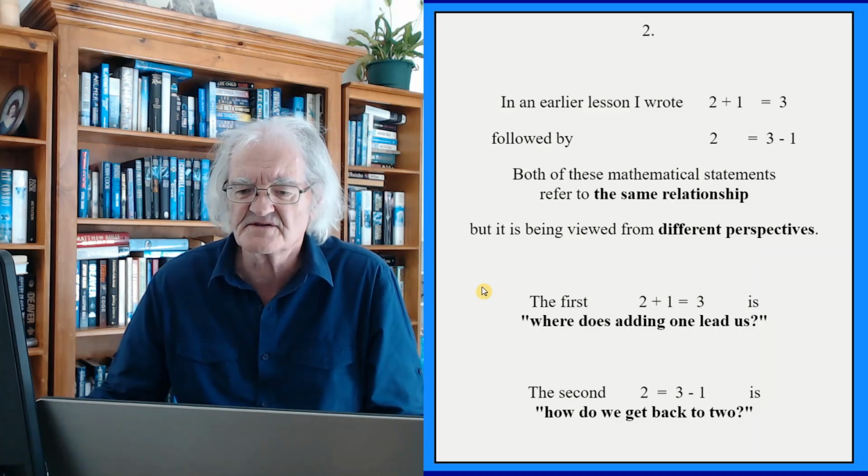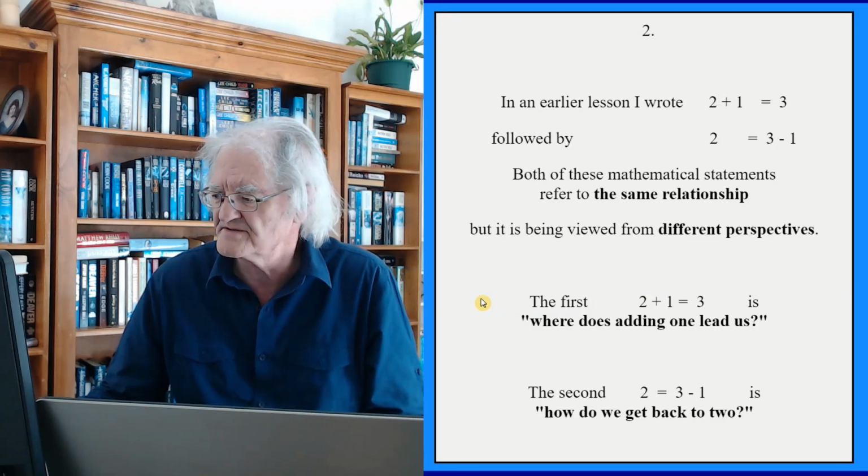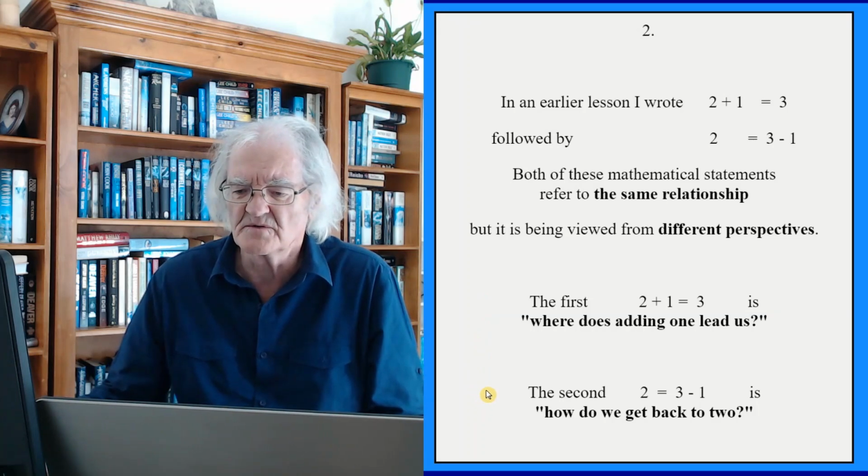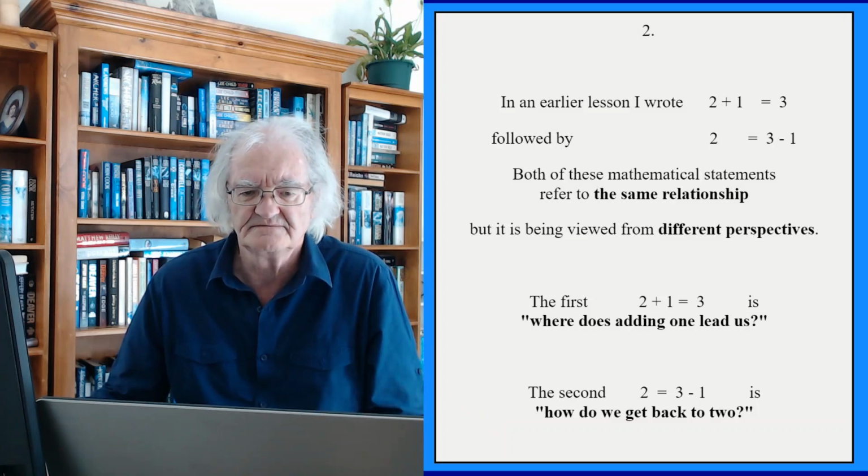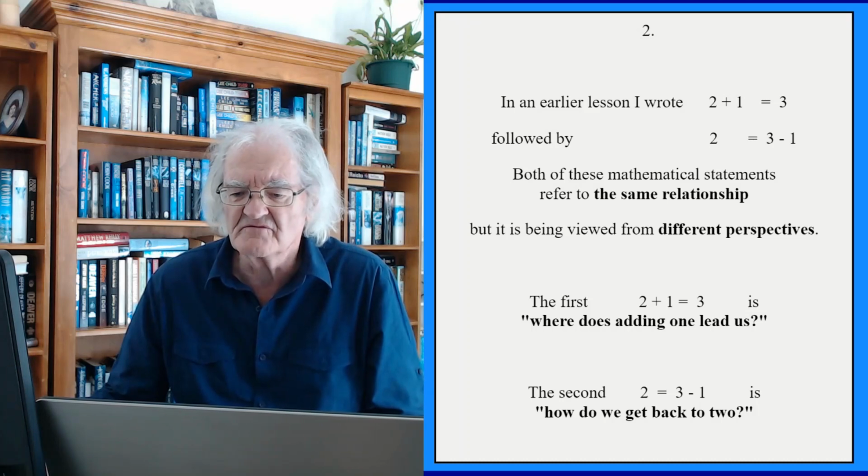The first, 2 plus 1 equals 3, is where does adding 1 lead us? And the second, 2 equals 3 minus 1, is how do we get back to 2? So in mathematics, we can rewrite a relationship depending upon what our interest is.